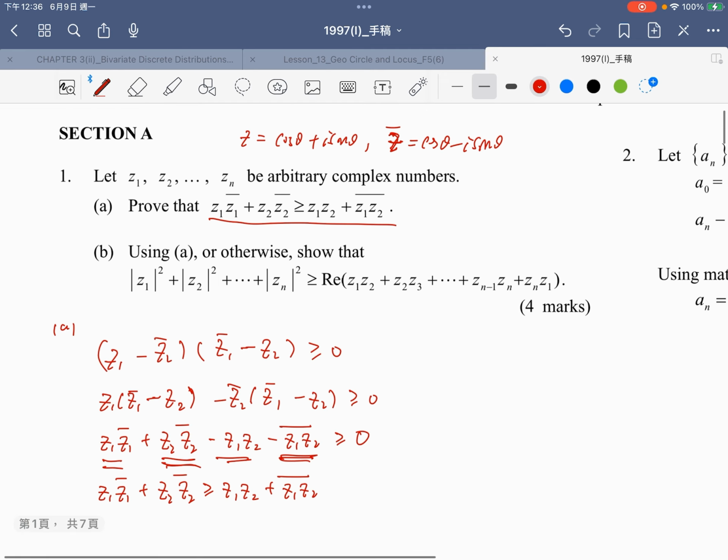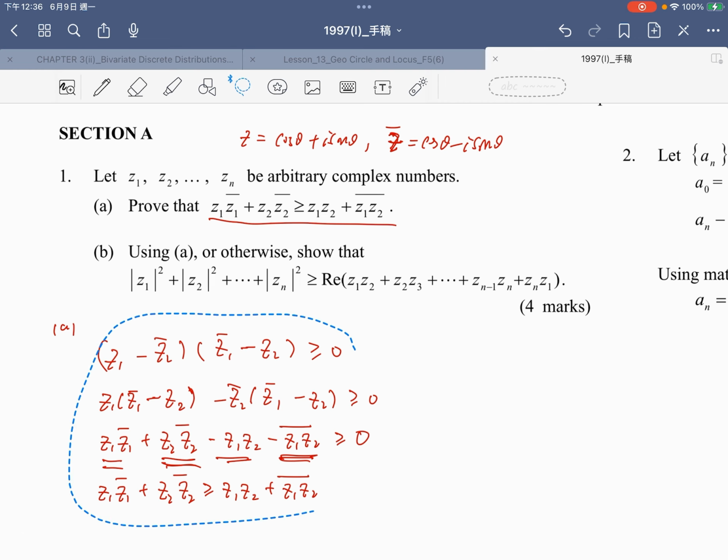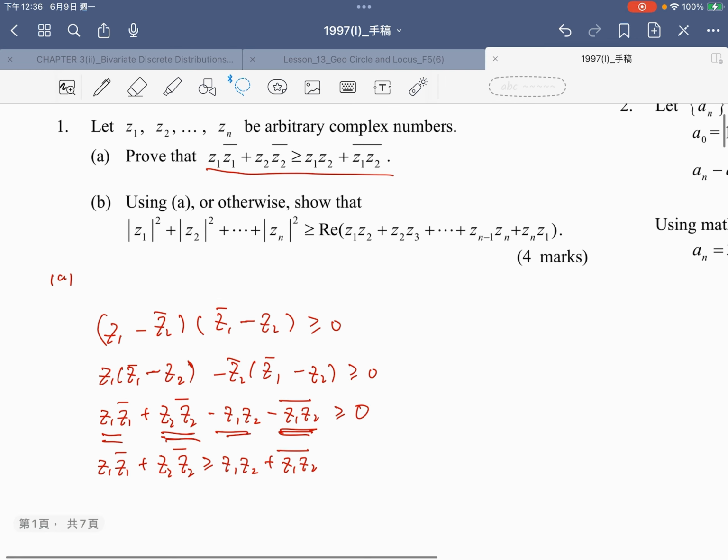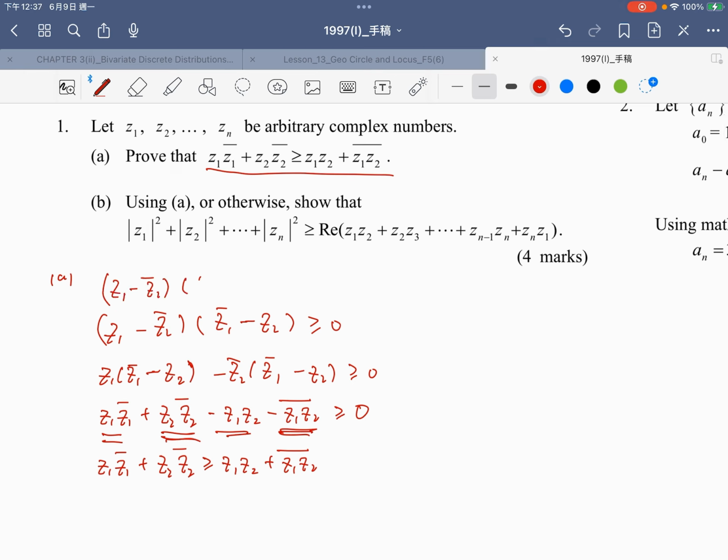But actually, this is equal to Z1 minus Z2 conjugate times Z1 minus Z2 conjugate, which is the modulus of Z1 minus Z2, all squared.